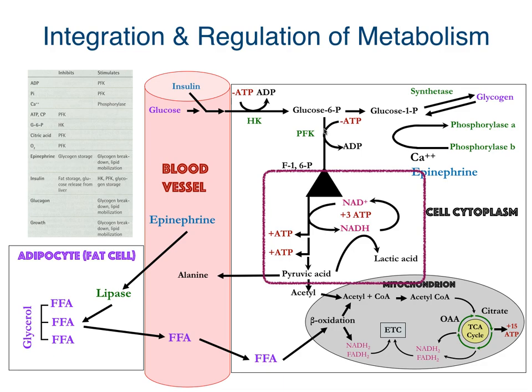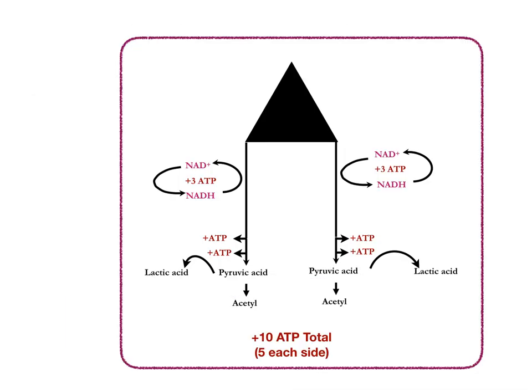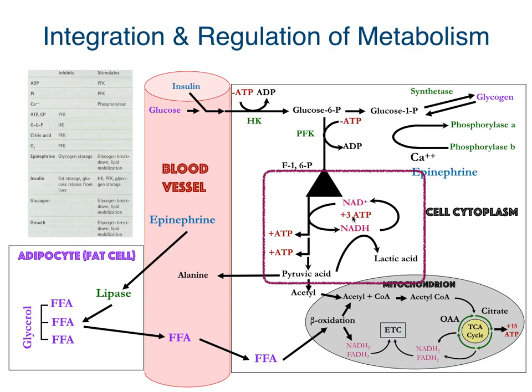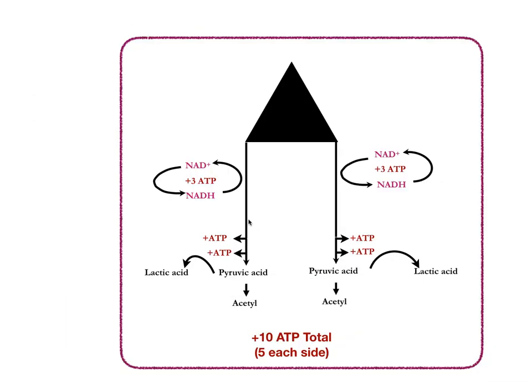We lose an ATP. It feeds into this triangle, and it's going to feed into what we know as two identical branches. So if we look at the full diagram, here's that same triangle with two legs coming down on either side.